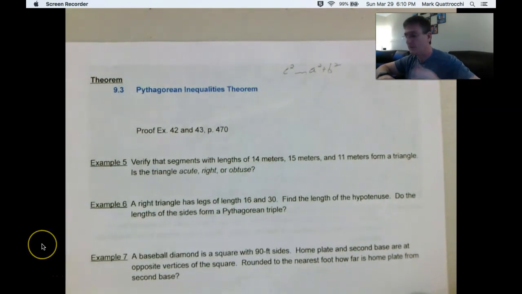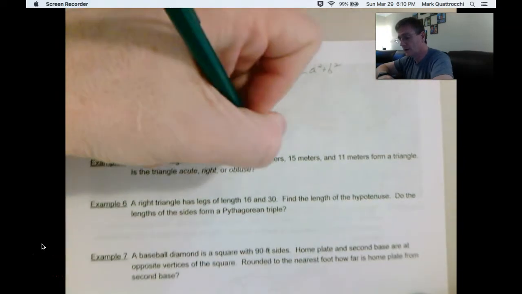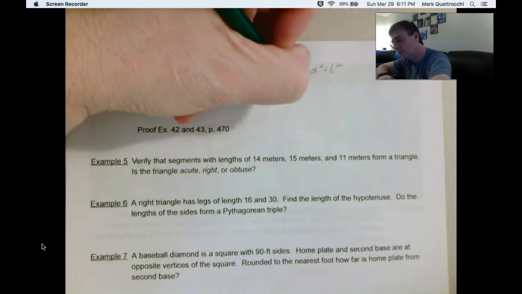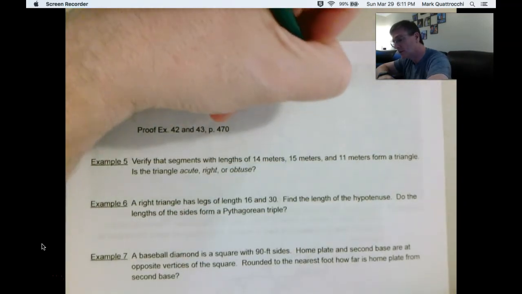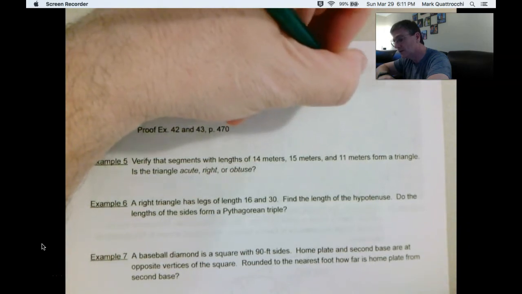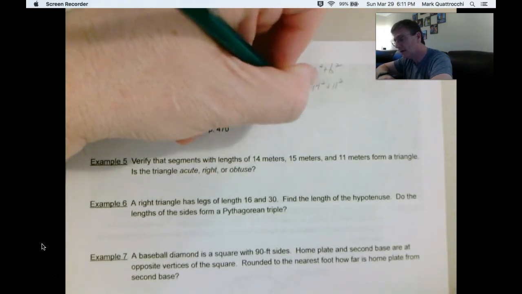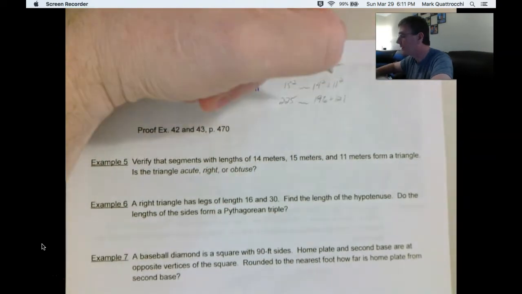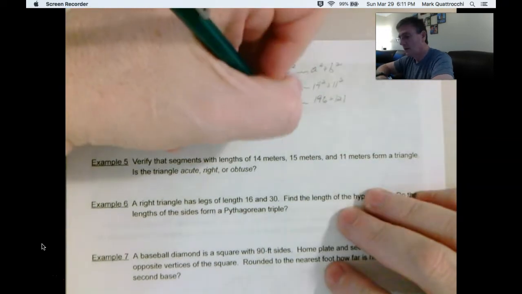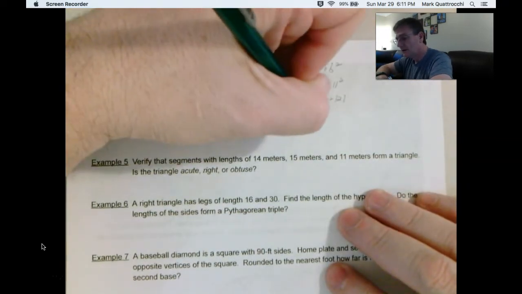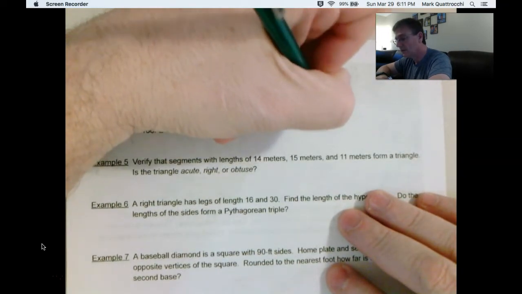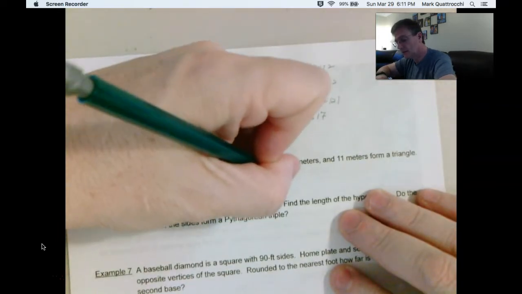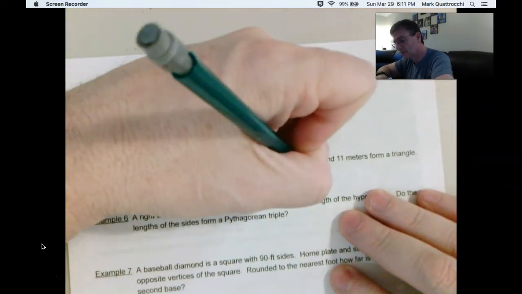Biggest number is 15, so that's got to be our c. 15 squared blank 14 squared plus 11 squared. 225 blank 196 plus 121. 225 is less than 317. Therefore, this is an acute triangle.